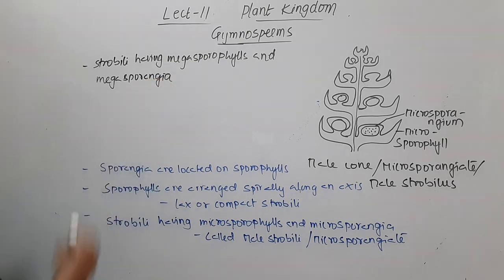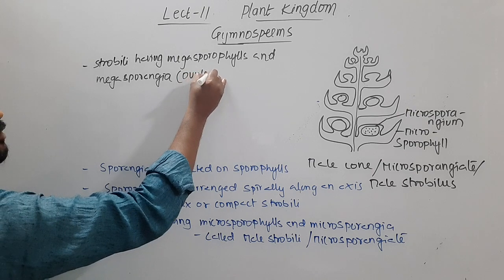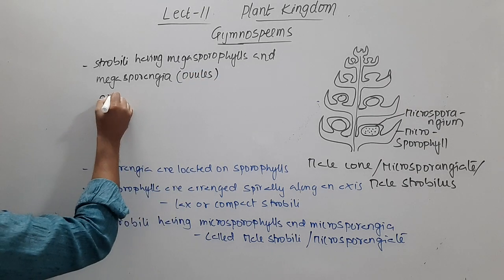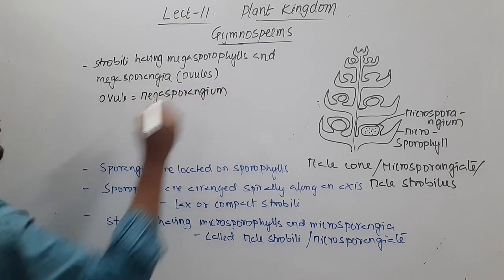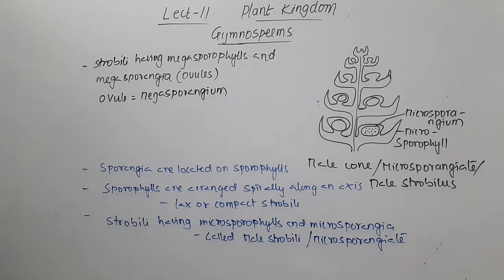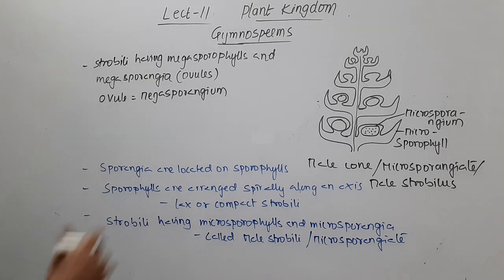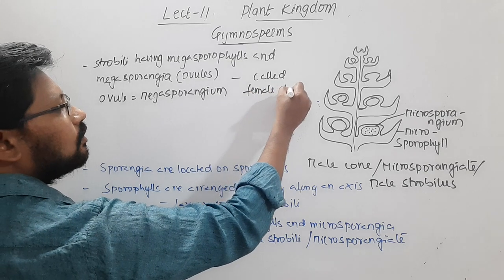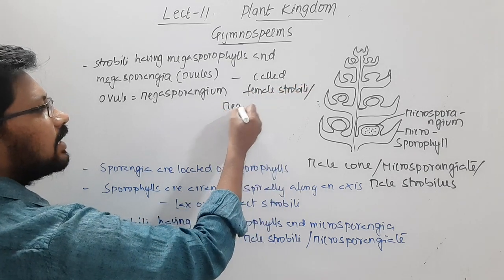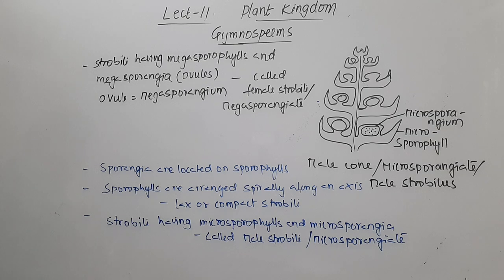These megasporangia are actually ovules, because an ovule is nothing but a megasporangium. Those strobili having megasporophylls and megasporangia are called female cones, female strobili or megasporangiate.